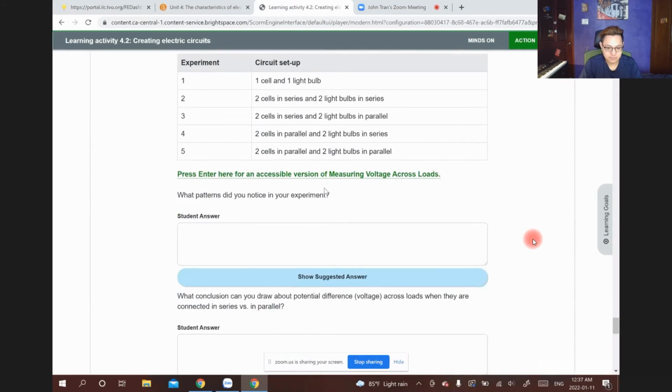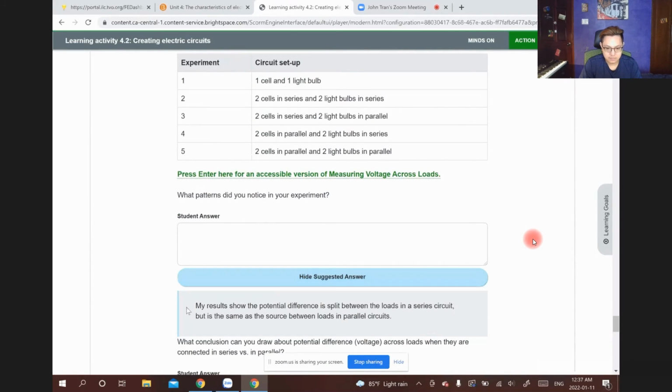What pattern did you notice in your experiment? The results show the potential difference is split between the loads in the series circuit, but it's the same as the source between loads in a parallel circuit.